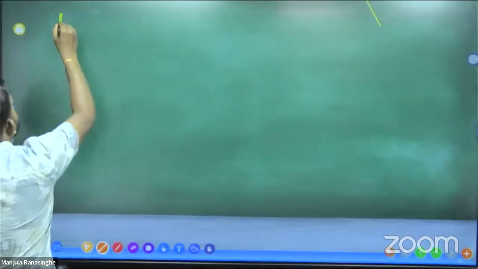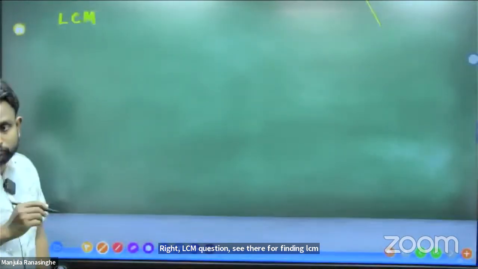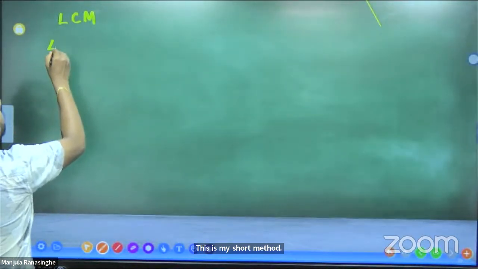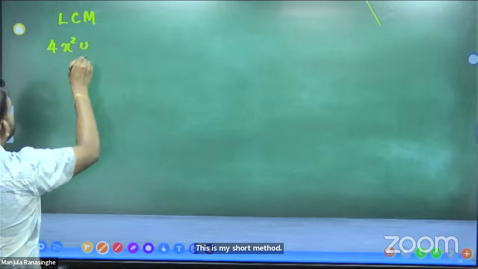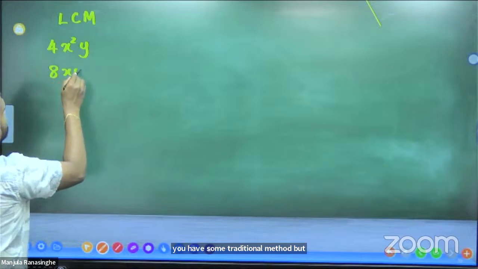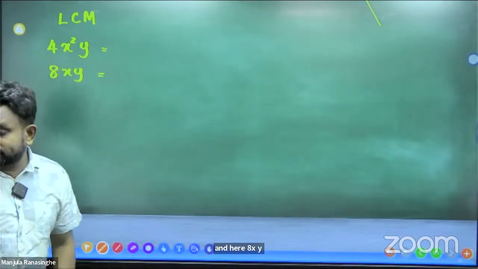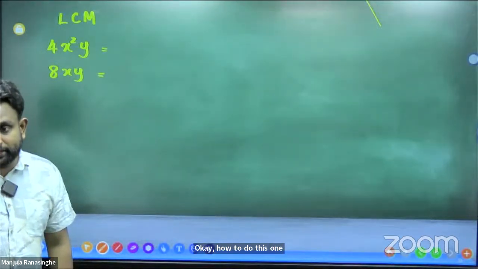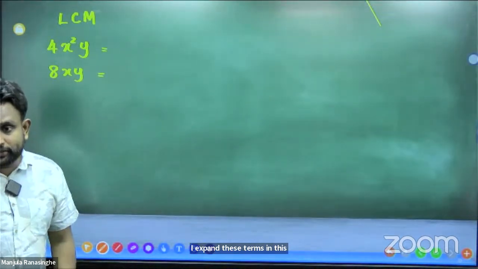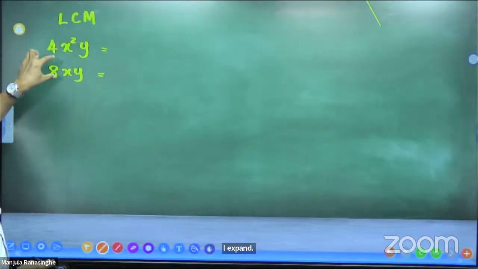See there, for finding LCM, this is my short method. You have some traditional methods, but this is very easy. Okay, how to do this one? I expand these terms in this manner. I expand the numeric and algebraic terms separately.